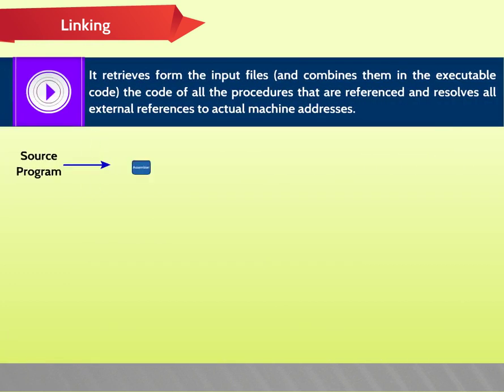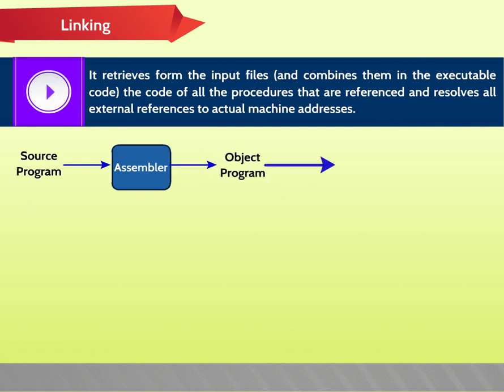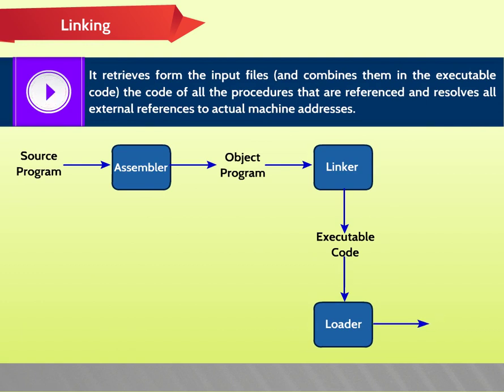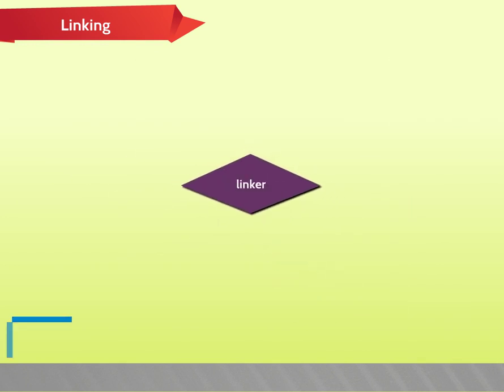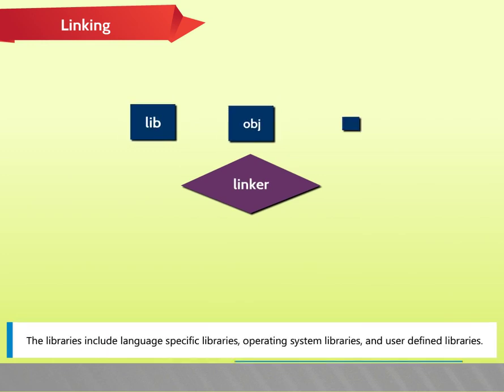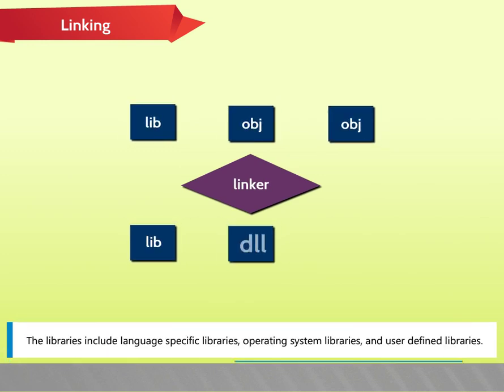It retrieves from the input files and combines in the executable code the code of all the procedures that are referenced, and resolves all external references to actual machine addresses. The libraries include language-specific libraries, operating system libraries, and user-defined libraries.